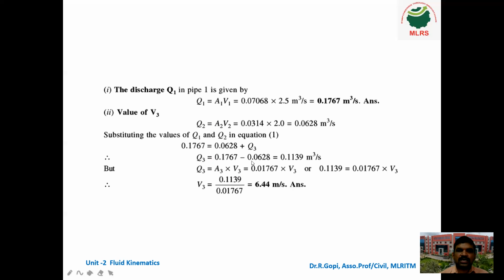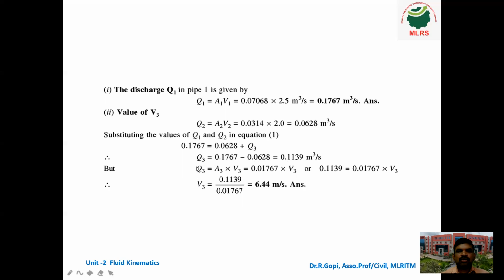So first calculate Q3 value. 0.0628 goes to that side, left side means minus. So 0.1767 minus 0.0628, which gives 0.1139 meter cube per second. So this is your discharge in the pipe 3.